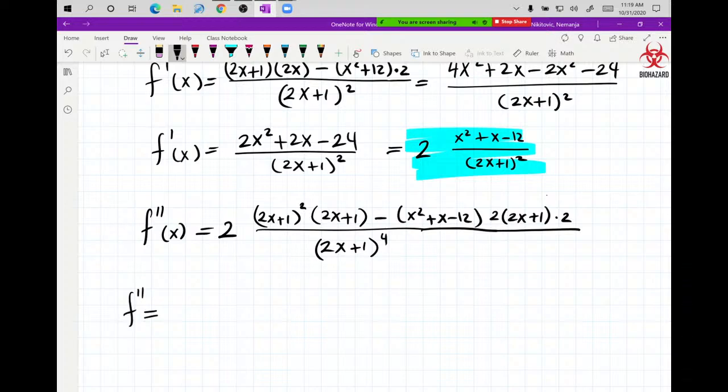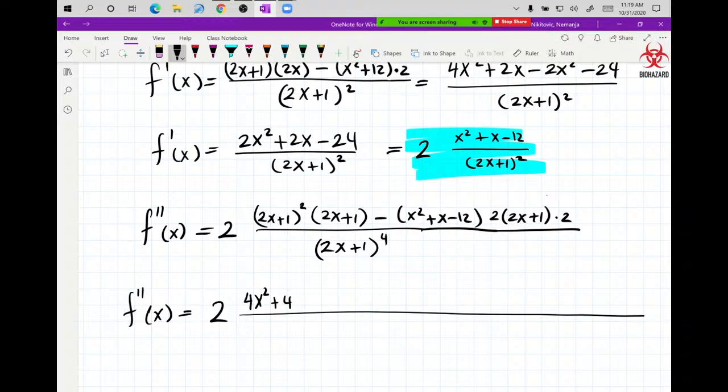That's my second derivative of x, is 2 times, and now, square this: (4x squared plus 4x plus 1) times (2x plus 1), minus (x squared plus x minus 12) times (8x plus 4).